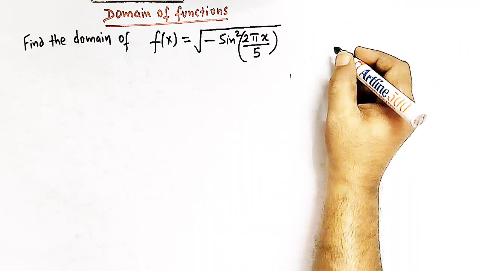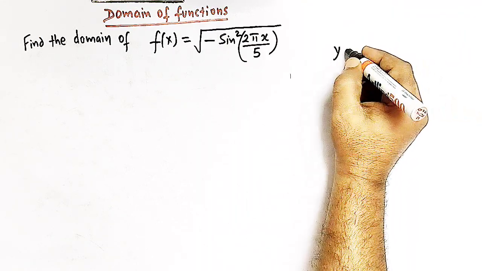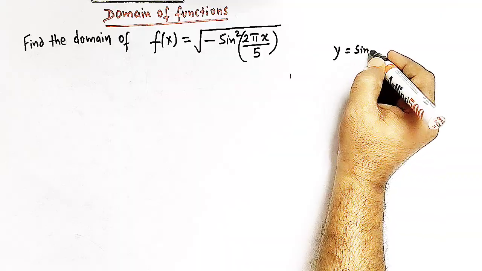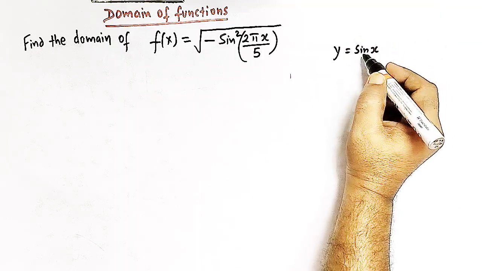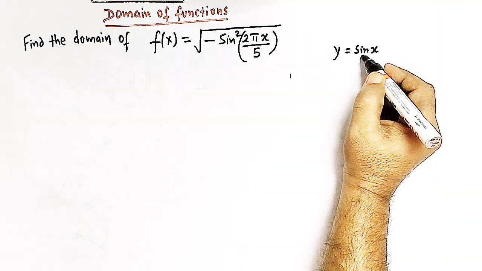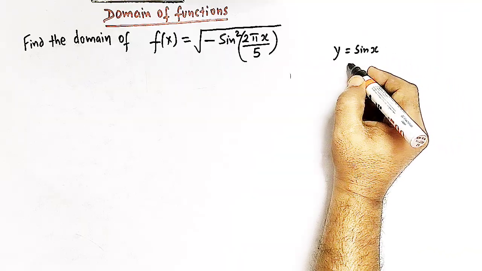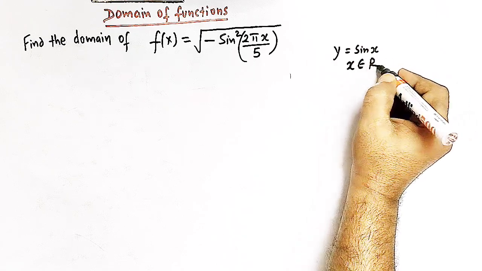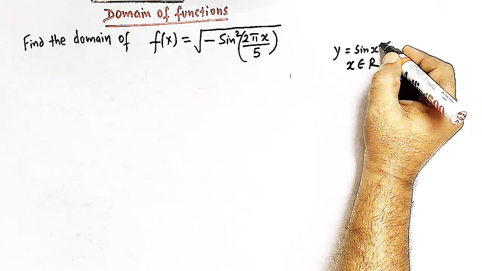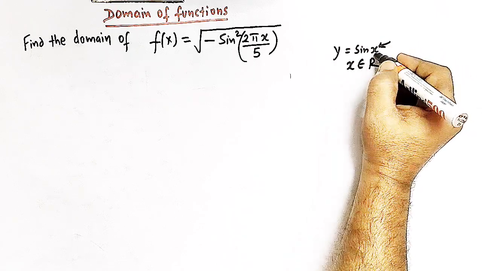Now consider the sine function, that is y is equal to sine x, right? Here we know that the domain of the sine function is the set of real numbers, that is x belongs to R, that is, this x can take any real number.